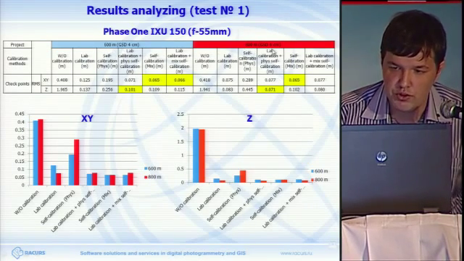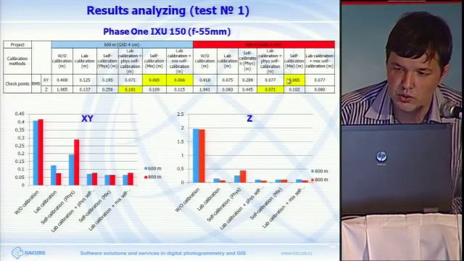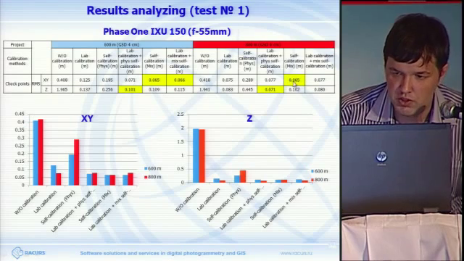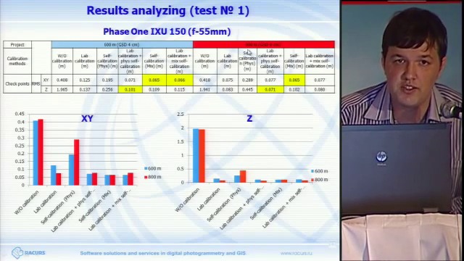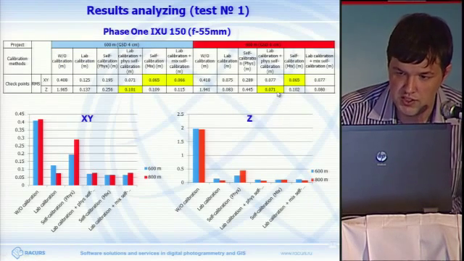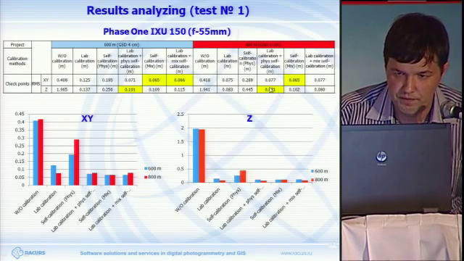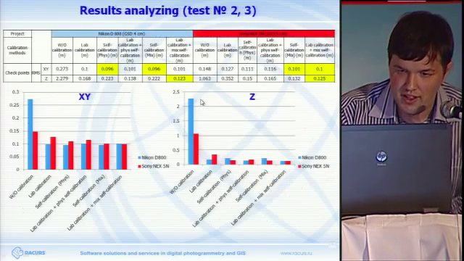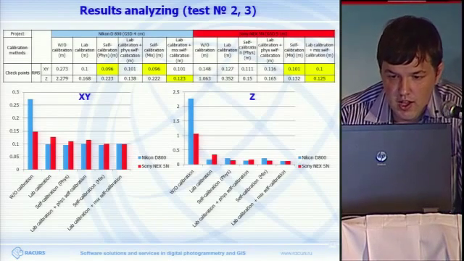If we look at different projects done at various altitudes, the higher the flight is, the bigger the basis is and the better the angle of intersection. Now let's look at non-professional cameras.